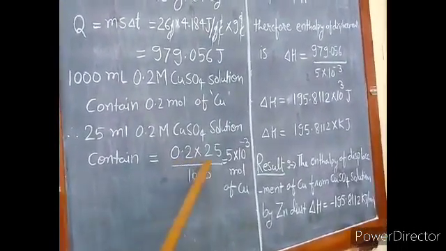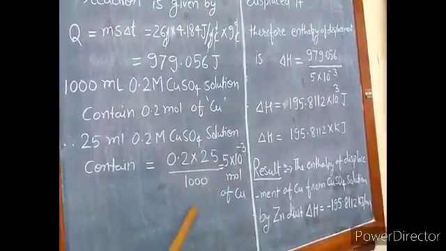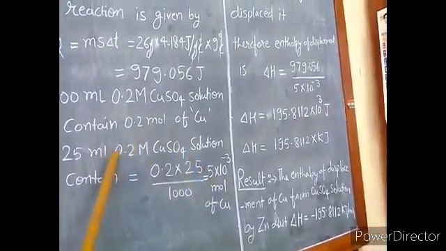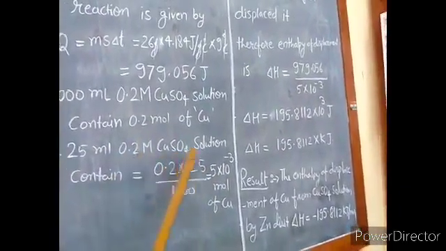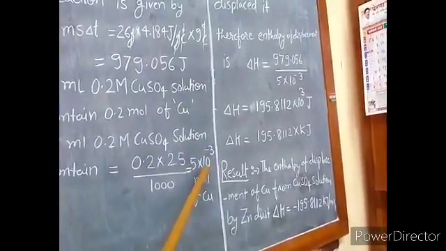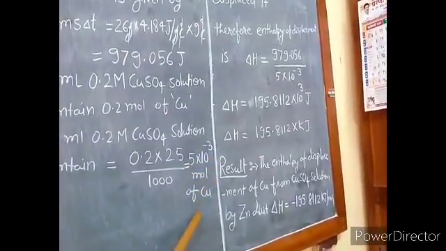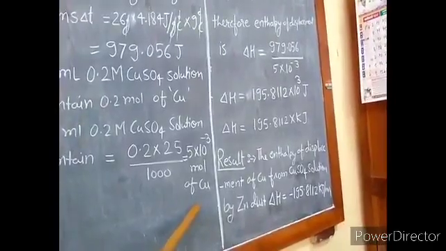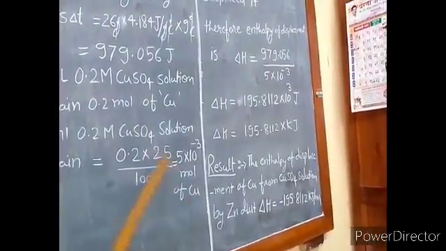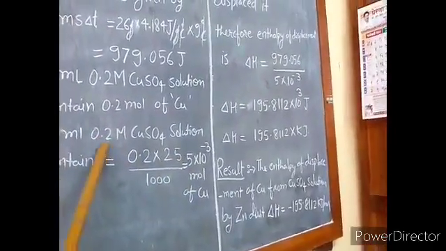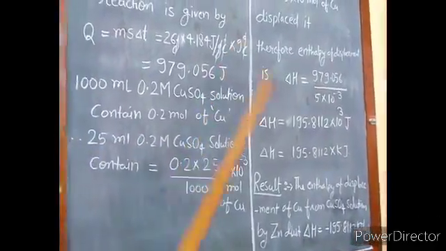So it is 0.2 into 25 divided by 1000. So 25 ml 0.2 M copper sulfate solution contains 5 into 10 raised to the power minus 3 moles of copper. In this way we have first determined the number of moles of copper present in 25 ml of 0.2 molar copper sulfate solution.